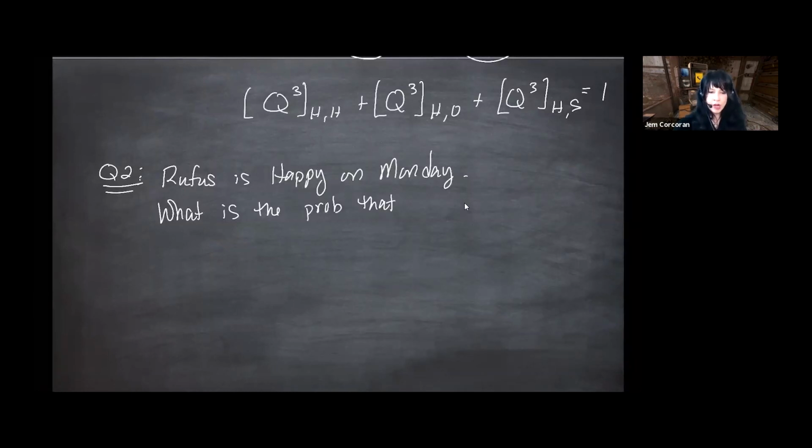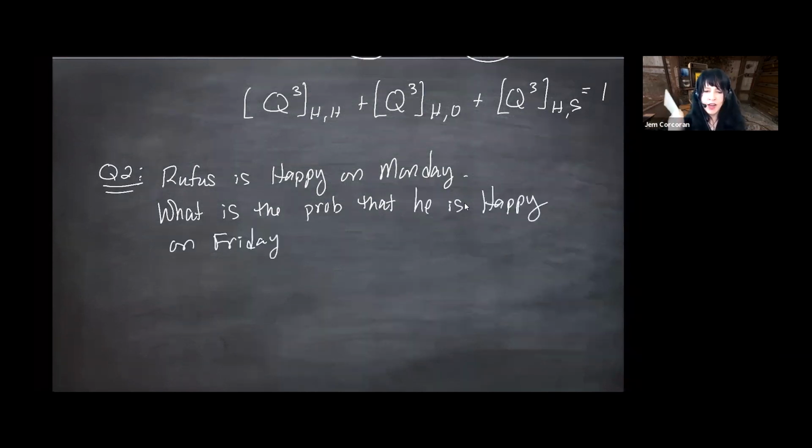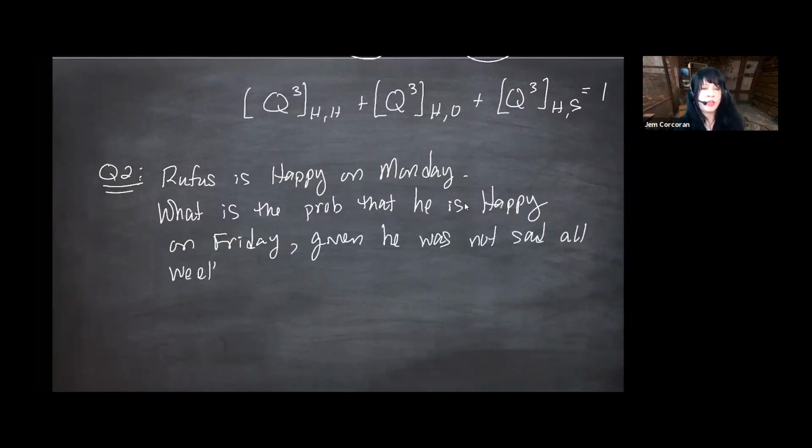So what is the probability that he is happy on Friday, given he was not sad all week? I don't know what all week means. Do we go back to Saturday or Sunday before the Monday? It doesn't matter. Once we fixed his mood on Monday, we don't care about the previous stuff.